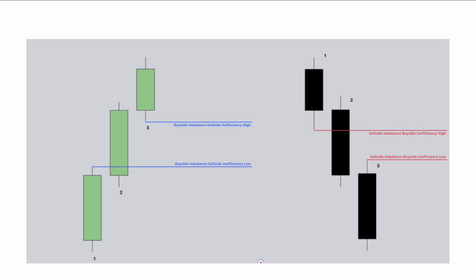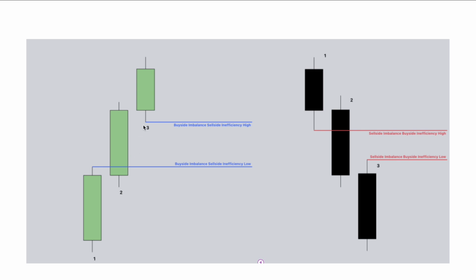This is a 3 candlestick formation where we have the market delivering imbalanced. So this is the first candlestick, second candlestick, and then the third. The imbalance or the imbalanced portion happens with this candlestick's high and this candlestick's low.